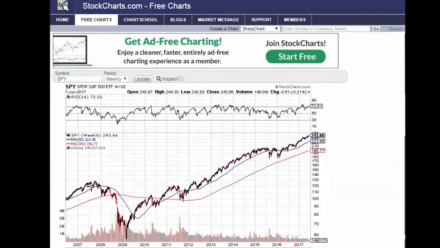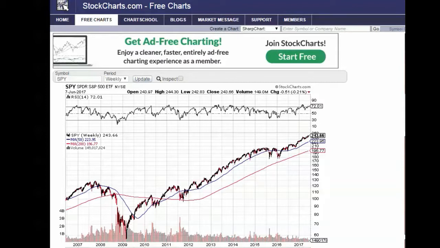And you'll see here along the bottom the time frame. So here we have going back all the way to 2007. And this is a 10-year chart, in other words, of the stock market as a whole. As you heard me say in my other videos, you can think of SPY, or the S&P 500 index, as representing the stock market as a whole in the United States.